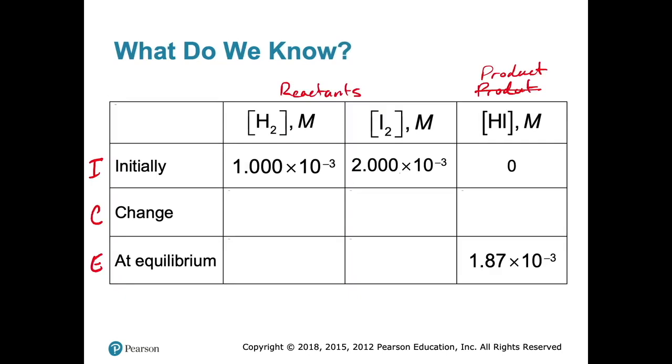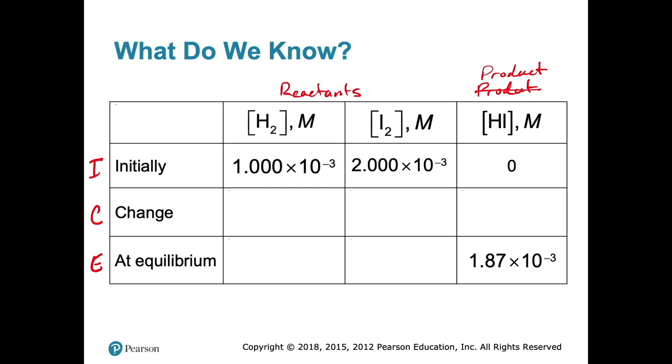And since this is initial and no reaction has occurred yet, what do we put here for the concentration of hydrogen iodide? 0, because no hydrogen iodide has been made yet at the initial step.